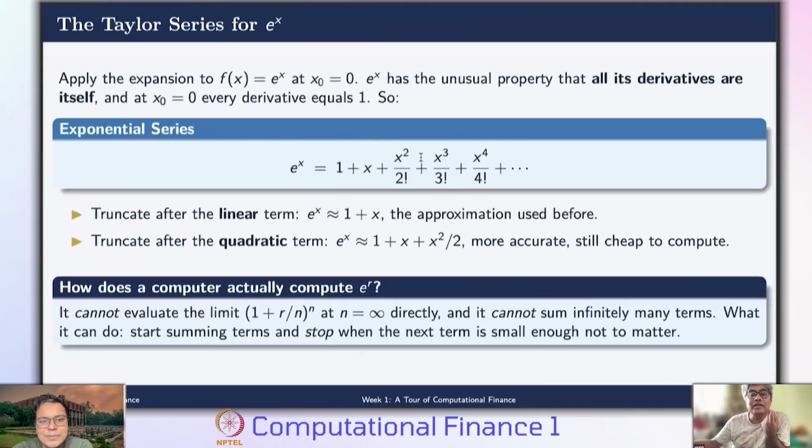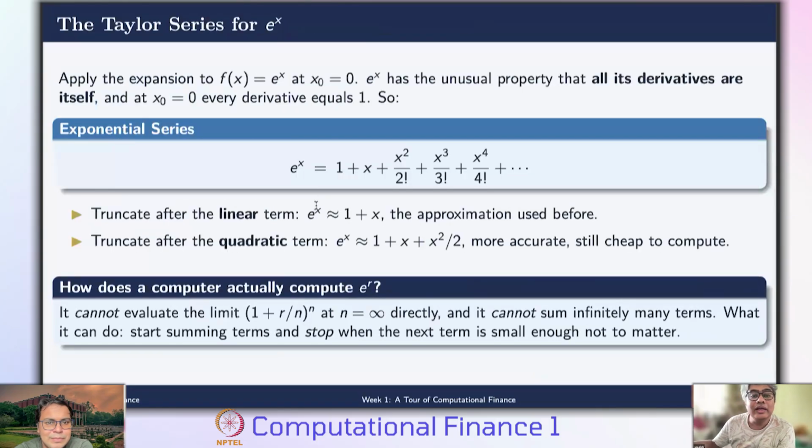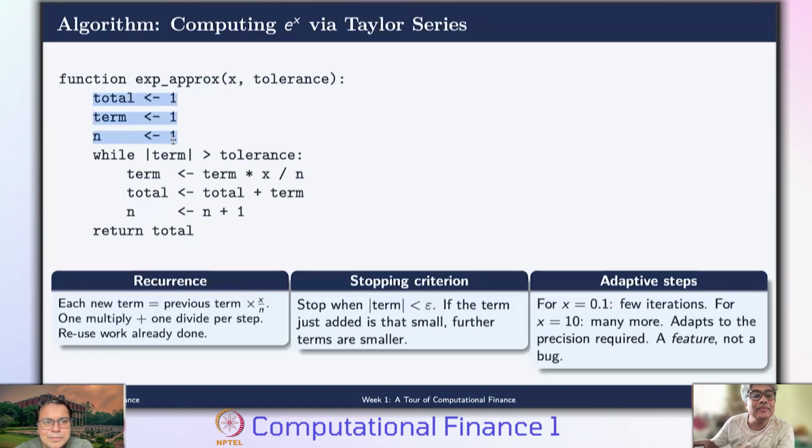Each term we will calculate and then sum, and that total will give me e to the power x. Then term, I am starting with the value 1, effectively the first term. And then n is 1, because that is the first iteration.